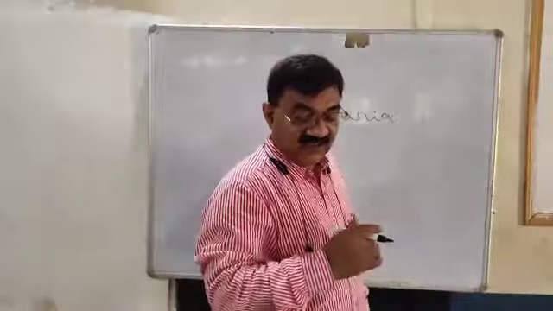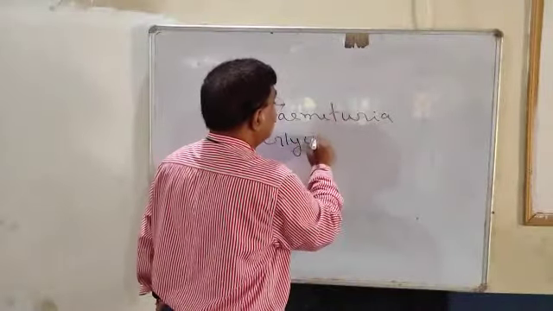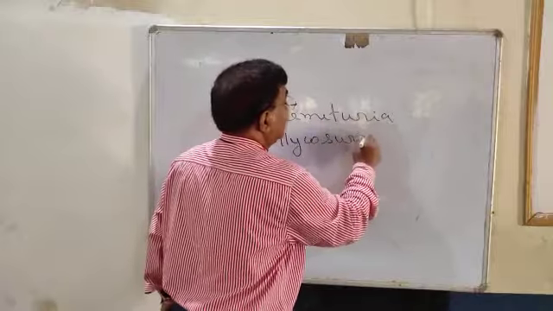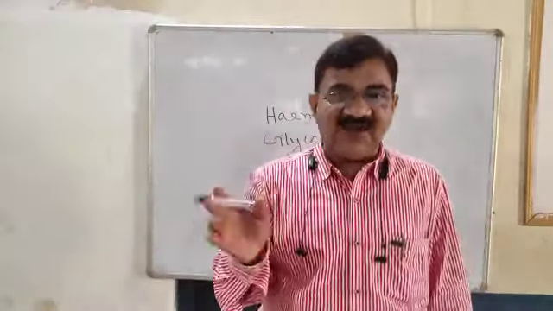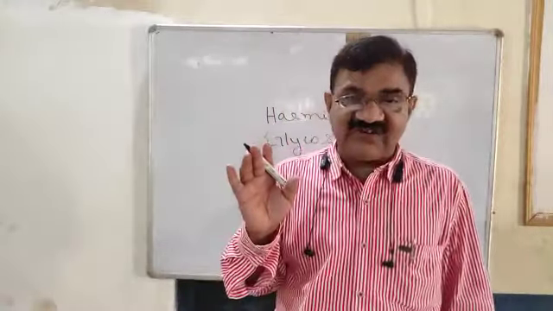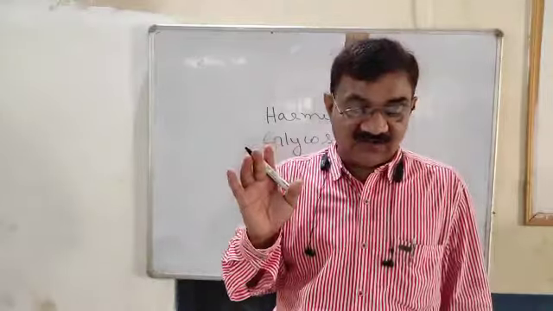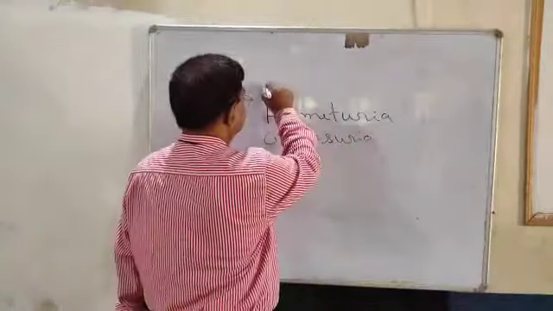The second condition is glycosuria. Due to diabetes mellitus, if the urine is loaded with sugar, then that condition is called glycosuria. Next is albumin.